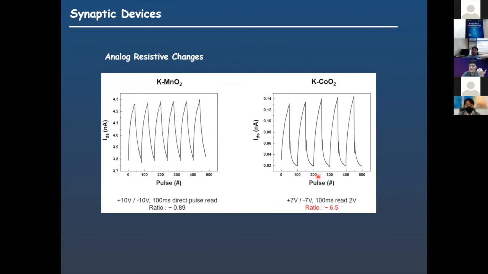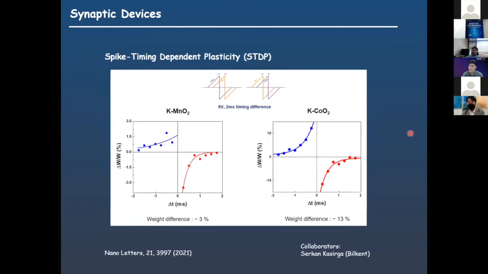So as I suggested, depending on the metal and alkali metal combination, we can optimize the best performance for the targeted devices. We also demonstrate spike timing dependent plasticity, which is also ongoing research for now.